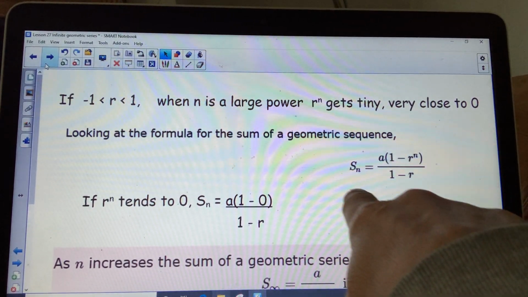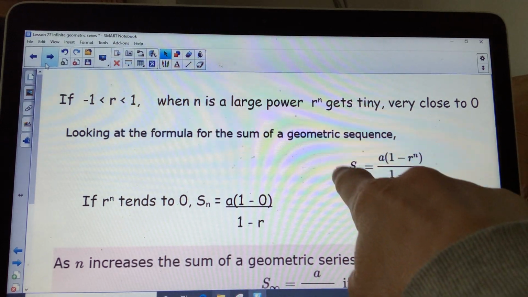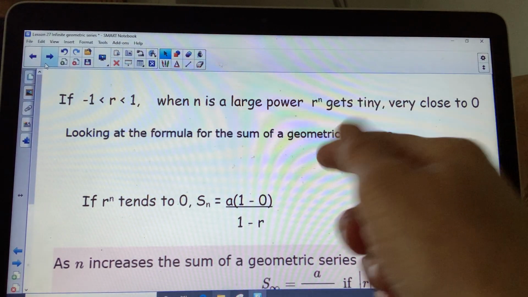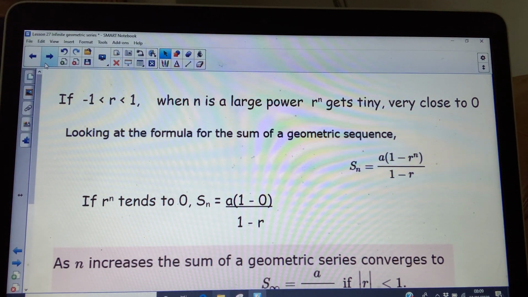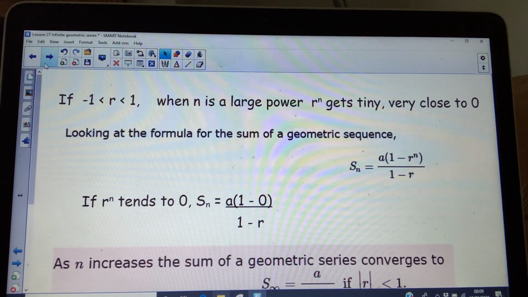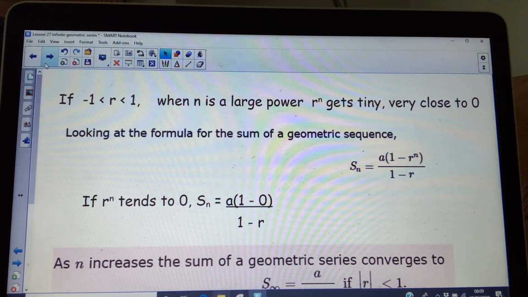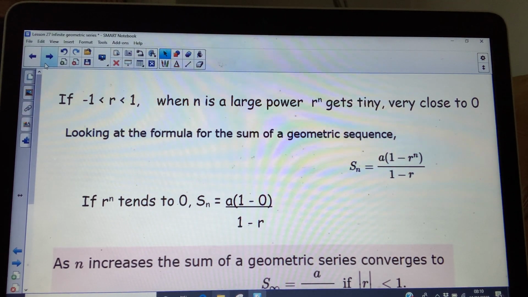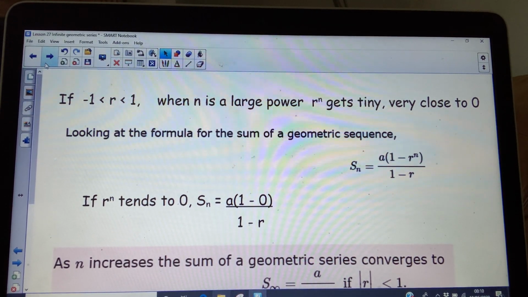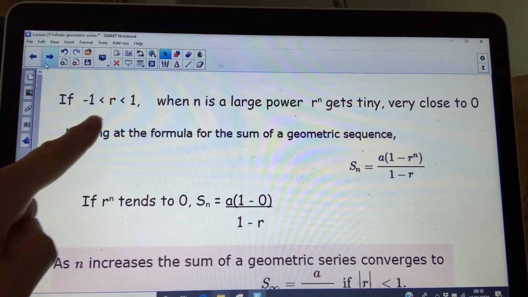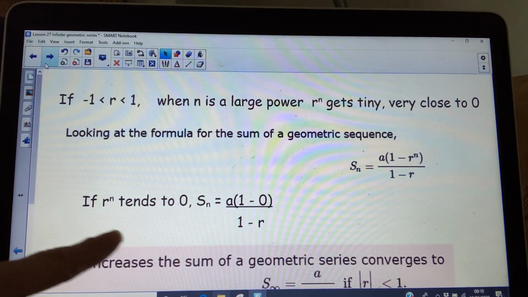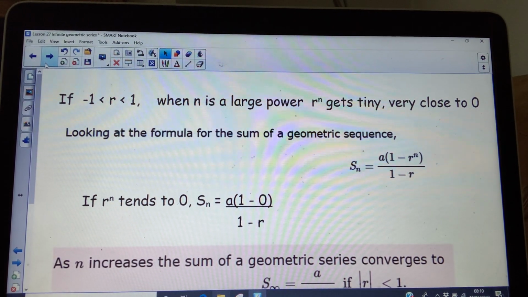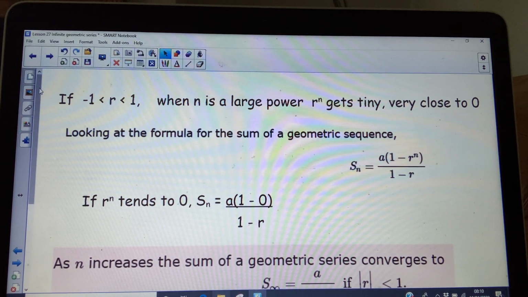Here's our sum to n terms of a geometric sequence. If r lies between 1 and -1, which it has to for a convergent sequence, and you raise it to an enormous power, which infinity is, you're finding the sum to an infinite number of terms. It will tend to 0. It will become so tiny that it is of no consequence at all.